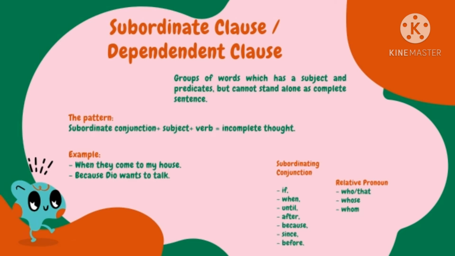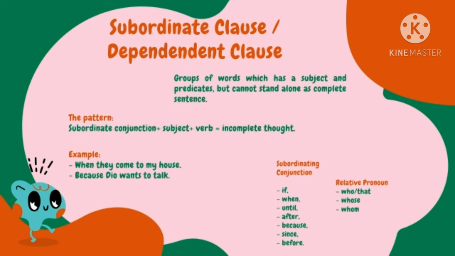A dependent clause begins with a subordinating conjunction like because, after, whereas, wherever, or a relative pronoun like who, whose, and whom. The pattern is subordinating conjunction plus subject plus verb, but it becomes an incomplete thought.